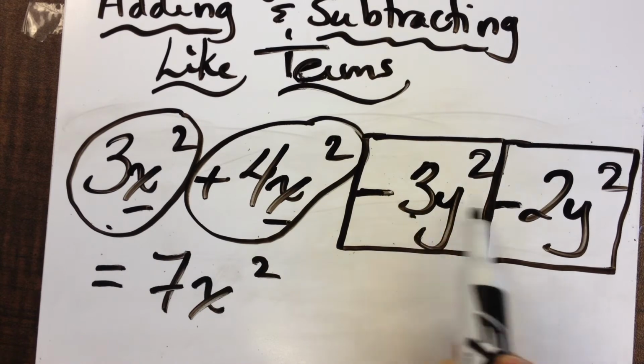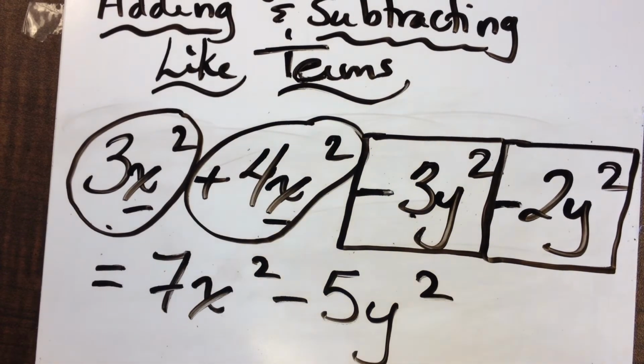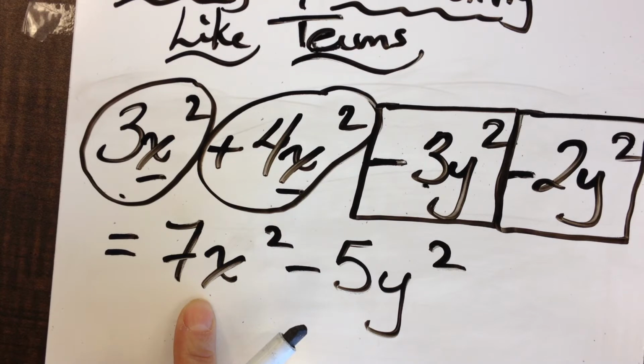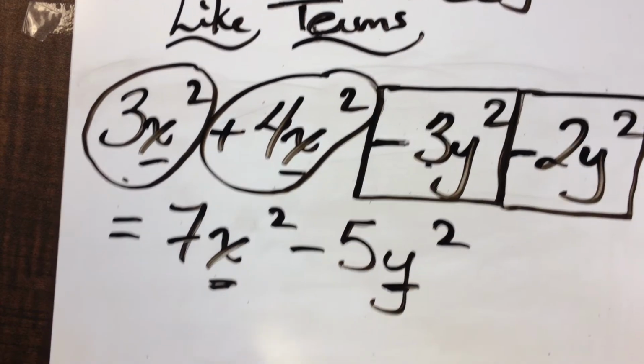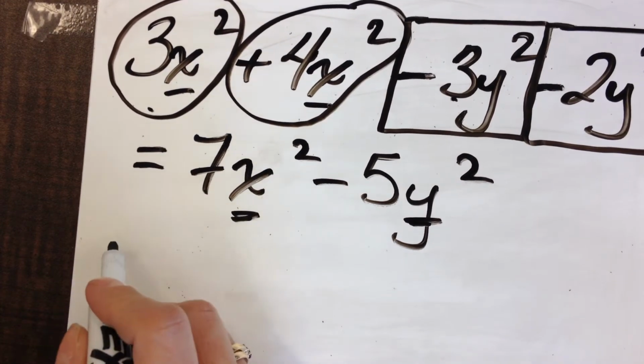Minus 3y squared and minus 2y squared is minus 5y squared. Can I add these two together? Can I further simplify? Well, I've got 7x squared who remained at the party and 5 of them left and were never there. And no, I cannot simplify because these are not the same. And we are done. Now, what if we had brackets?